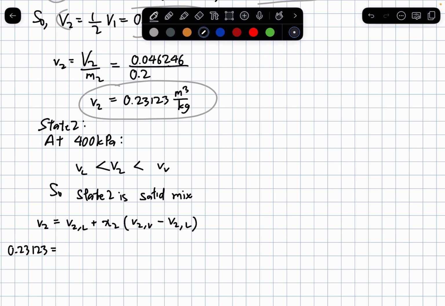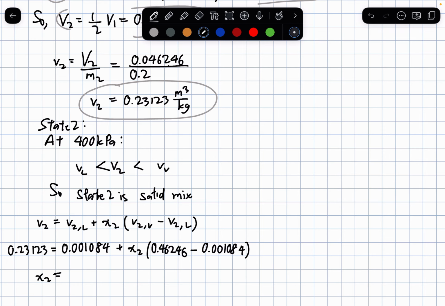0.23123. 400 kilopascal, no? In specific volume. Yeah. 0.001084 plus what we're looking for, the quality at state 2, x times 0.46246 minus 0.001084.